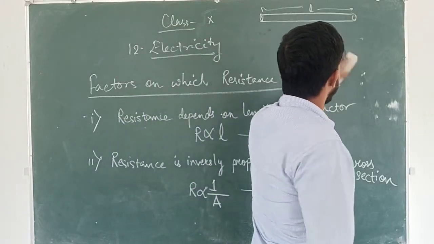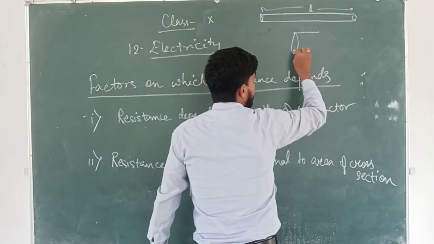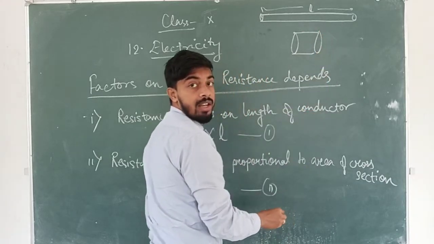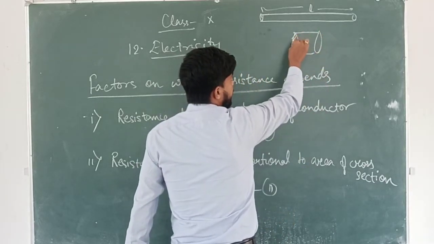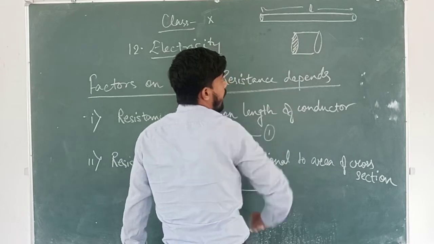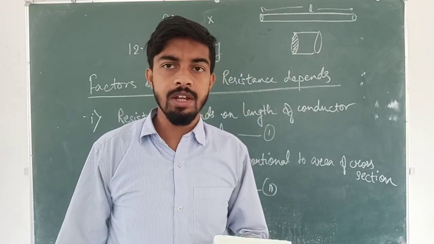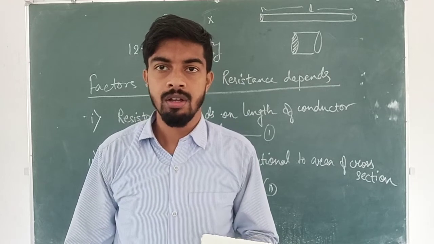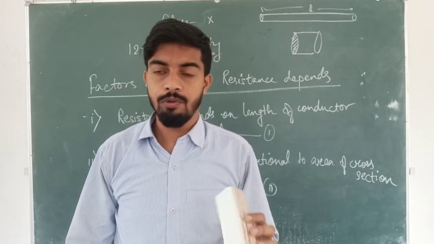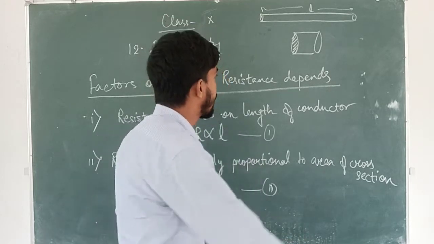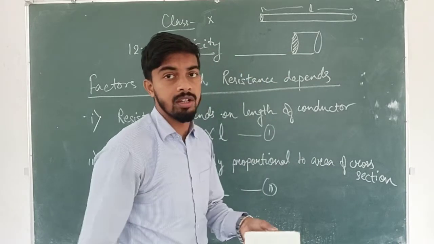When we are talking about the cross-sectional area, we are talking about this circular part. If you take any conductor, basically a wire, it looks like a thin thread or a string.